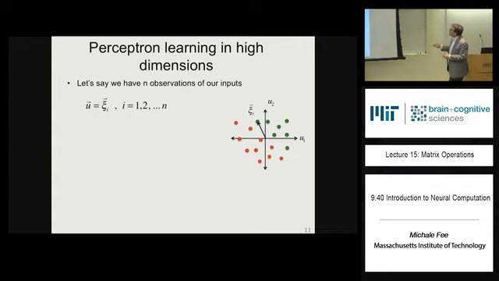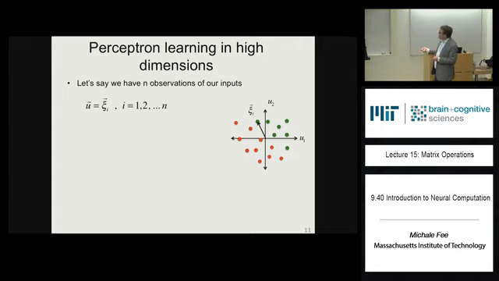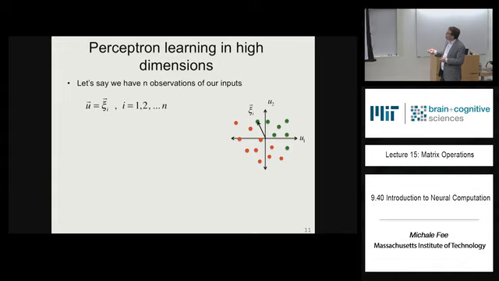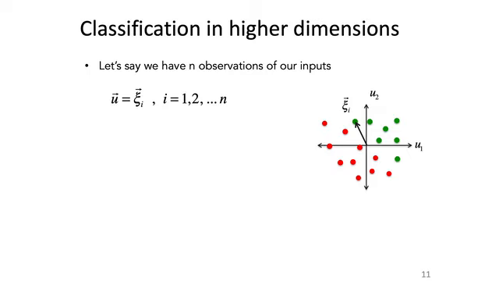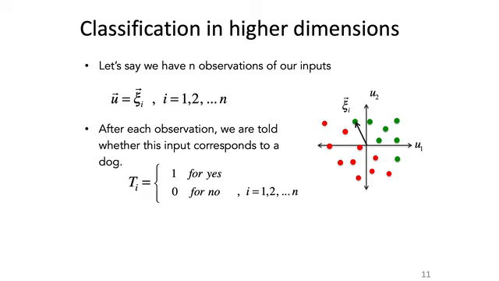Okay. All right, so we have n of those observations. And for each one of those observations, we say that the input is equal to one of those observations for one iteration of this learning process, okay? And with each observation, we're told whether this input corresponds to one category or another, so a dog or a non-dog.